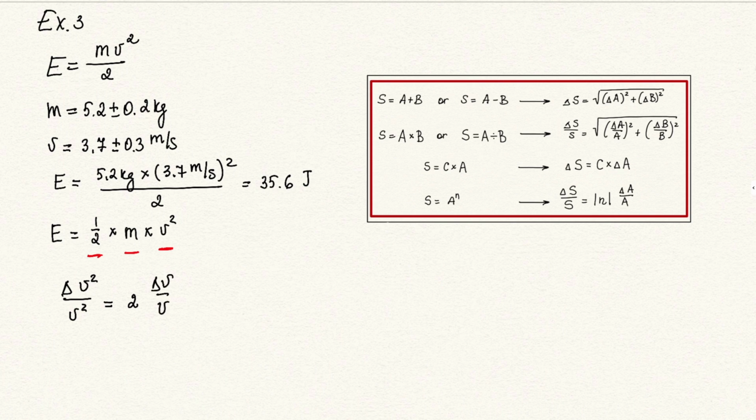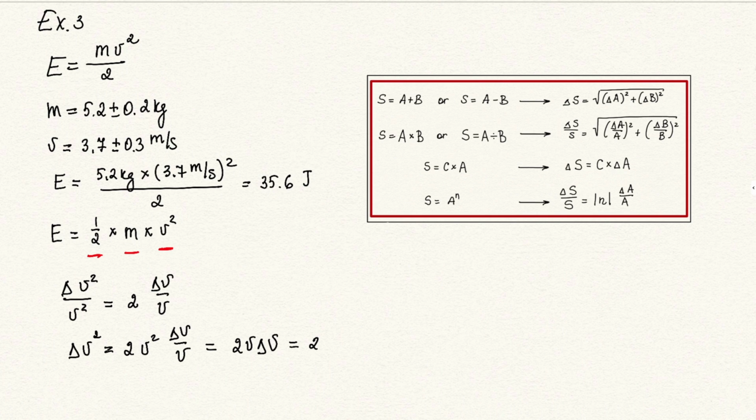I can simplify this equation and find the uncertainty in velocity squared right away. I'm going to multiply both sides by v squared. So the absolute uncertainty in v squared will be equal to 2 times v squared delta v over v, or simply 2v delta v. And now I can plug in my numbers.